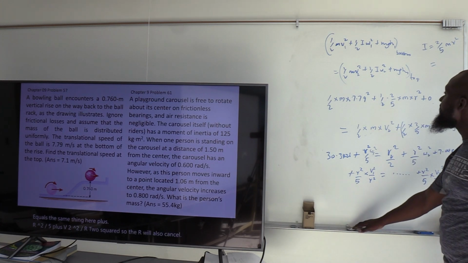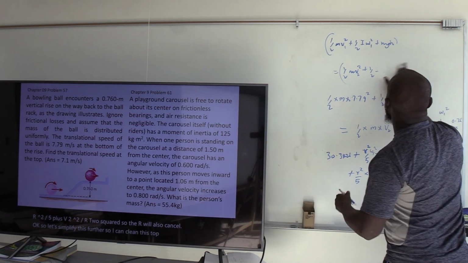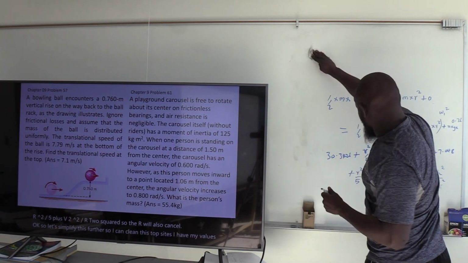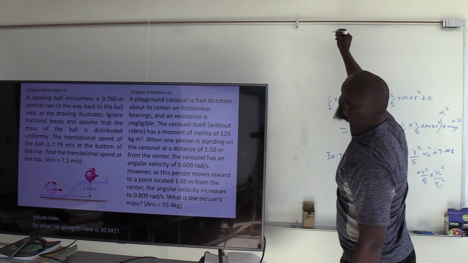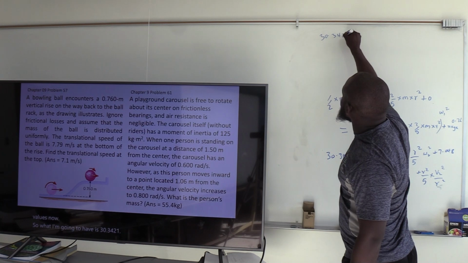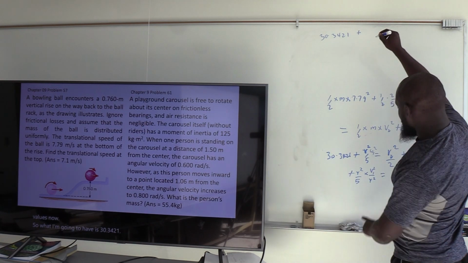Okay, so let's simplify this further so I can clean this top side since I have my values now. What I'm going to have is 30.3421 plus V1 squared over 5.